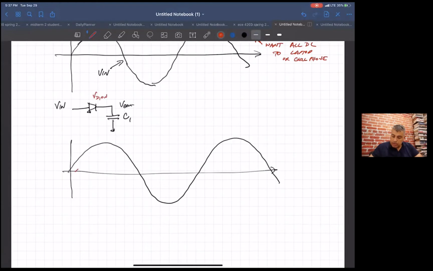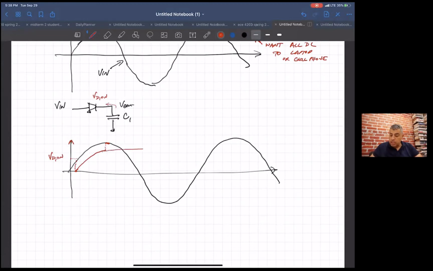We said when the input gets to VD on, the diode turns on and conducts. And then when the input has this negative going direction, this diode would have to pull current away from the capacitor, which it cannot do.